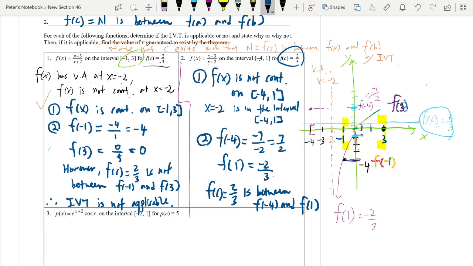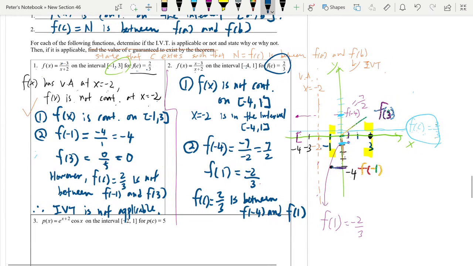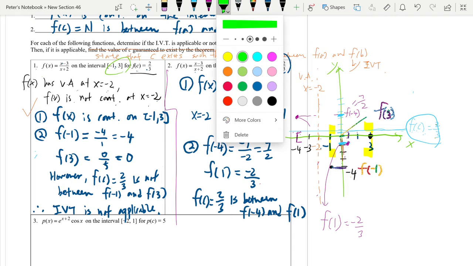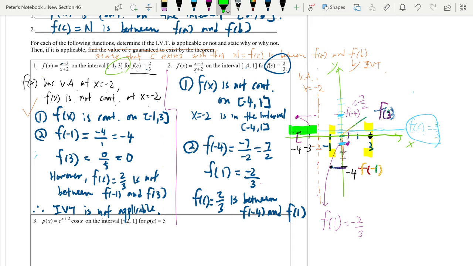So you might think, Mr. Kim, doesn't that mean my chicken over here, if it wants to get here, doesn't have to actually cross this guy here? Let me try to make it a little bit clearer. This guy right here doesn't have to cross it at least once to get over here.